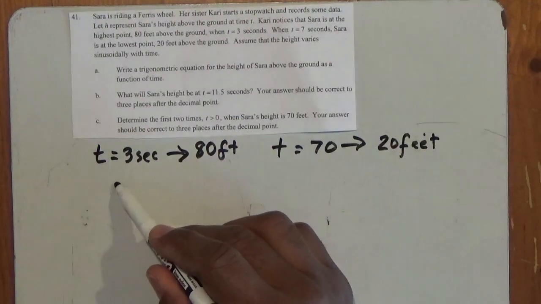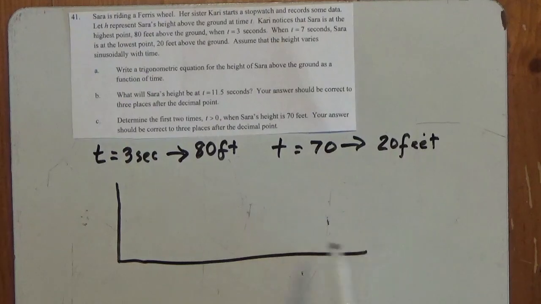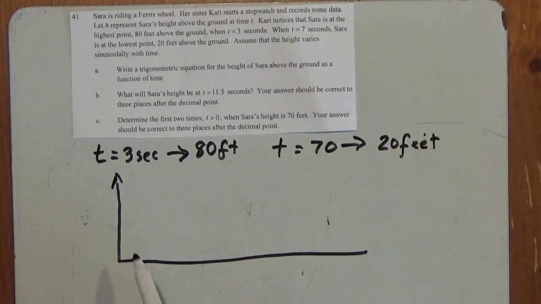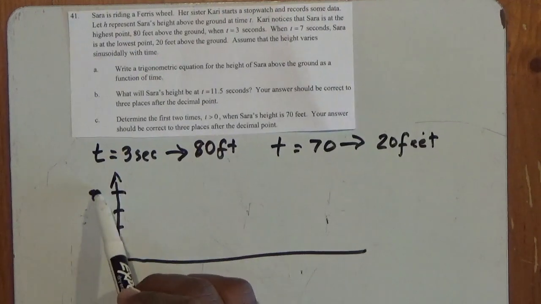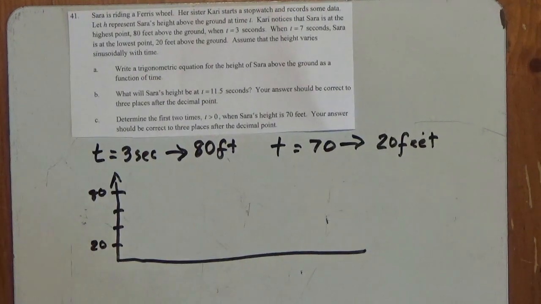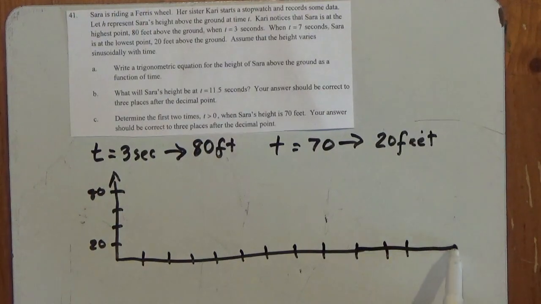Let's draw the graph. It doesn't ask us to draw a graph, but I enjoy drawing the graph, so I'm going to draw it. We'll make this 80 and this 20. On the t-axis we count 1, 2, 3, 4, 5, 6, 7, 8, 9, 10, 11, 12.